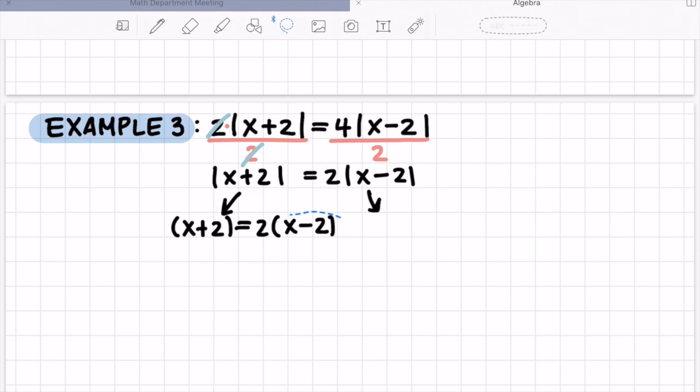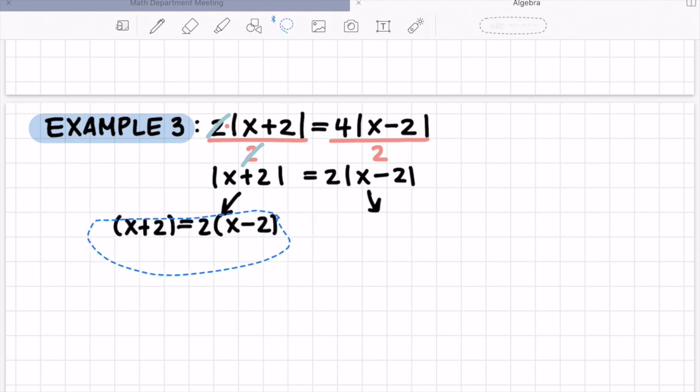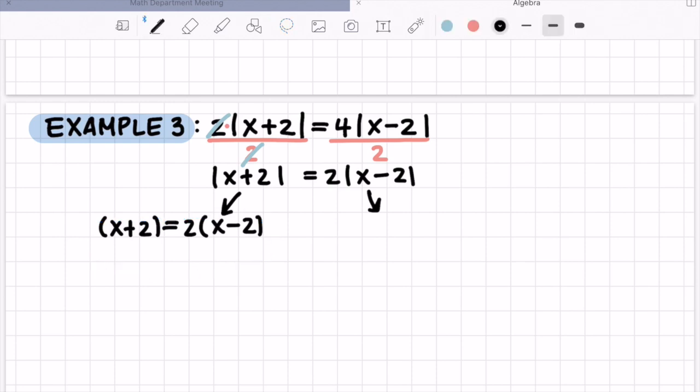I'm going to move it a little more to the other side so I have more room for my other equation. Now for my other side, I get parenthesis x plus 2. Now this one is a little bit trickier. Because I have a number outside of my absolute value, it's going to look a little different compared to what we usually see.